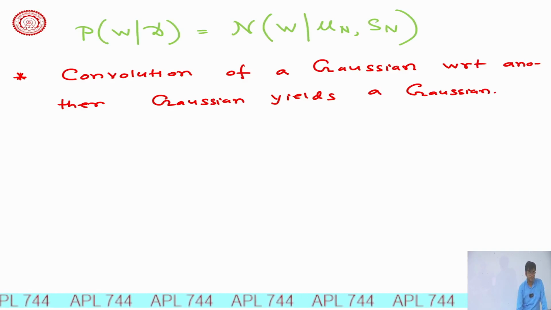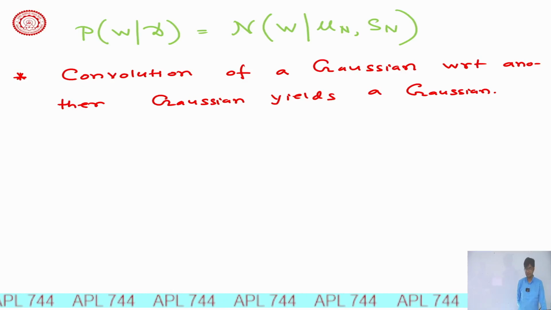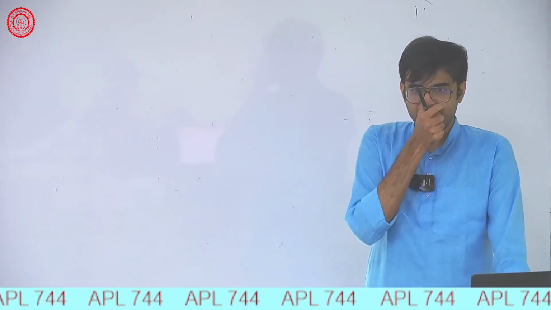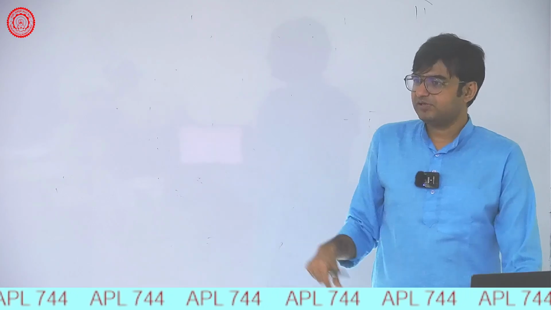Okay. So, convolution of a Gaussian with respect to another Gaussian yields a Gaussian. Let me write it down in a generic term. Okay.